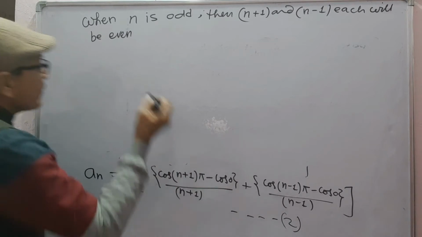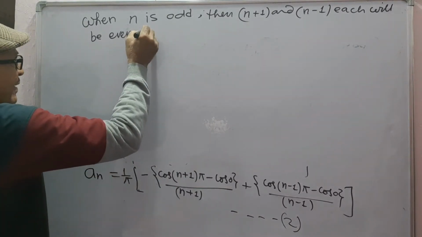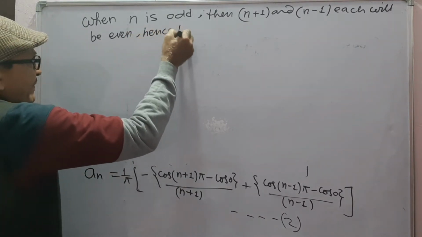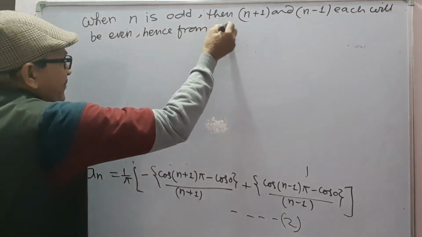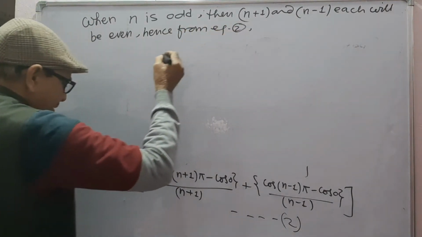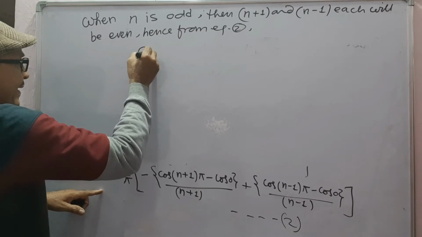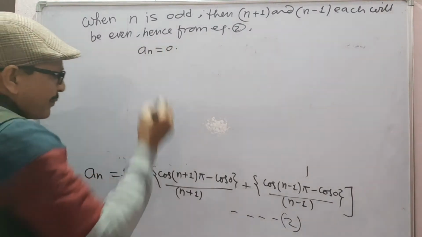Suppose this is equation 2. Therefore, hence from equation 2, a n will be 0.